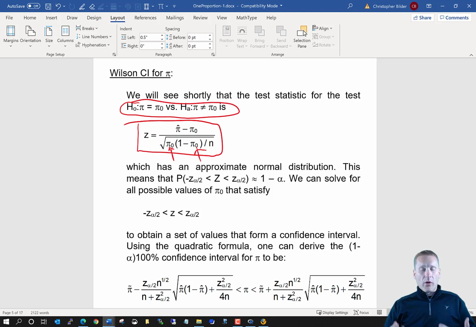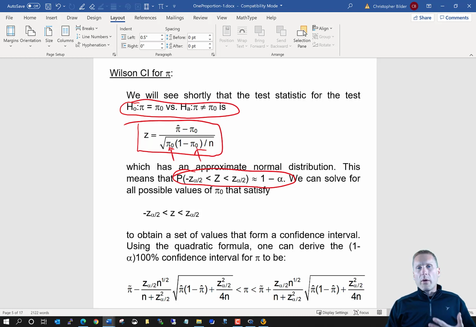Notice we have the pi zeros in there. As long as the null hypothesis is true, this has an approximate standard normal distribution, so we can make particular probability statements associated with the random variable version of this test statistic.